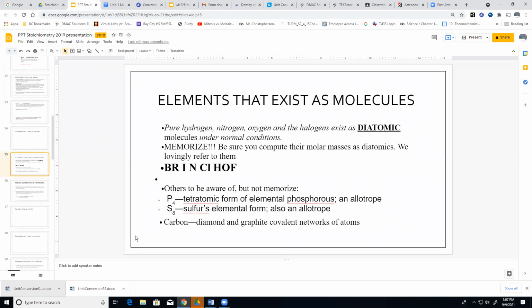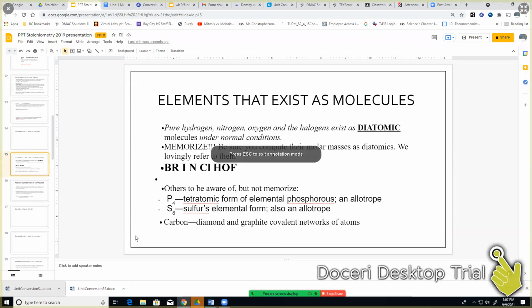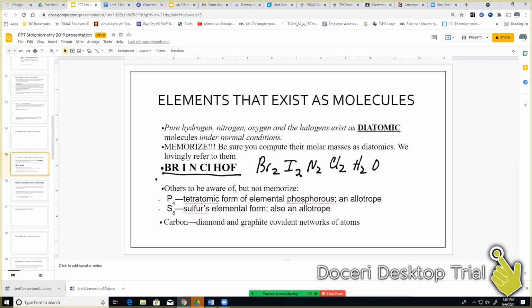All right, are we here? I think we're here. All of that, I don't think I changed one bit. Anyway, so now we're talking about molecules, elements. We know our diatomics. Remember, when these elements are all by themselves, they exist as two atoms, not when they're part of a compound.